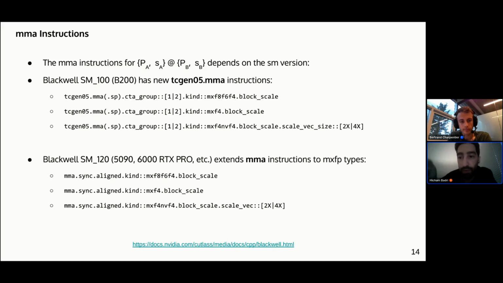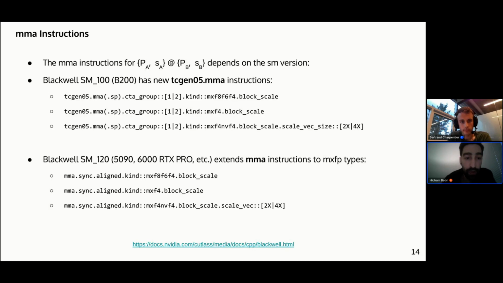The second answer addresses the actual question: do MXF8 and MXF4 use the same instructions? Yes and no. The first instruction is MXF8, F6, F4. You can actually do MXFP4 with it, but it's half the speed of the other one.